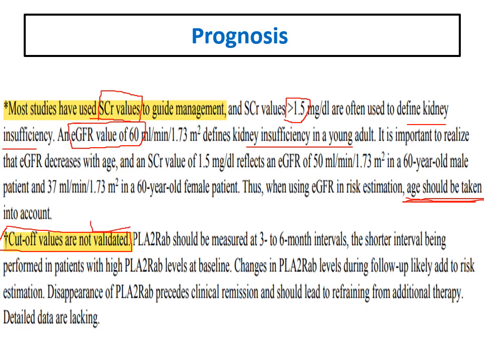We should rely upon the trend of the assay, whether it is increasing or decreasing. We shouldn't depend on absolute values. Assay antibodies should be measured, as we said, every 3 to 6 months, even with a shorter interval if the assay result is very high from the start.